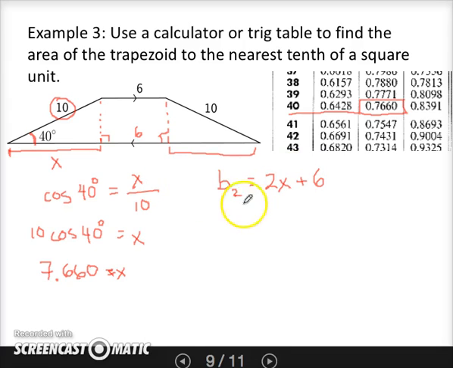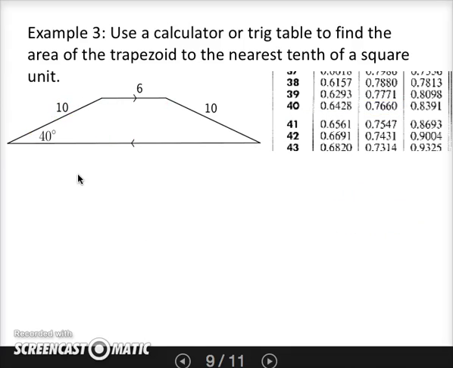Okay, so I have 2 times 7.660 plus 6, which gives me 21.32.